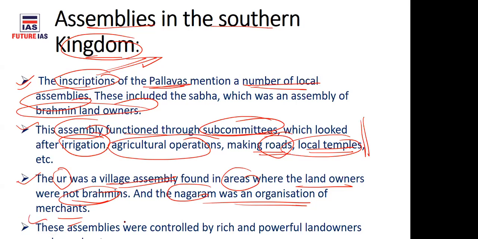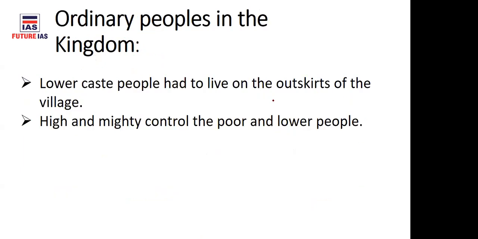Now, these assemblies were controlled by the rich and powerful landowners. That is obviously clear, because only the rich and powerful landowners can control such assemblies; the lower class cannot. All right. Now, let's briefly understand the ordinary people in the kingdom. Who were the ordinary people in the kingdom?